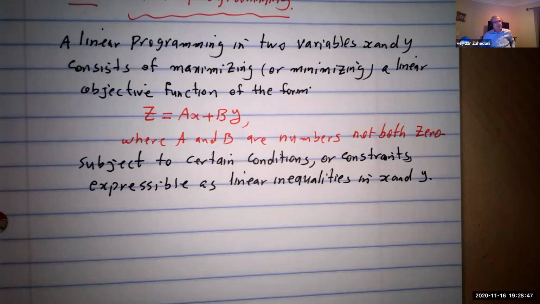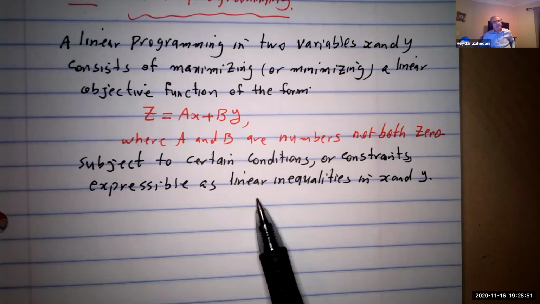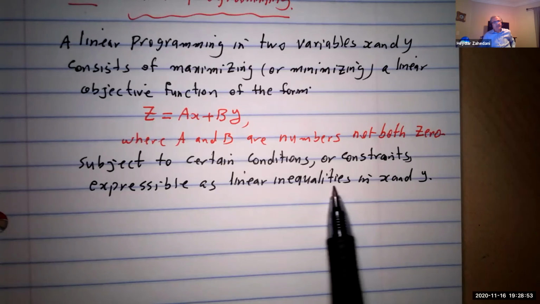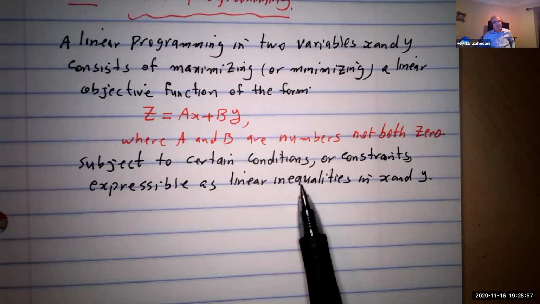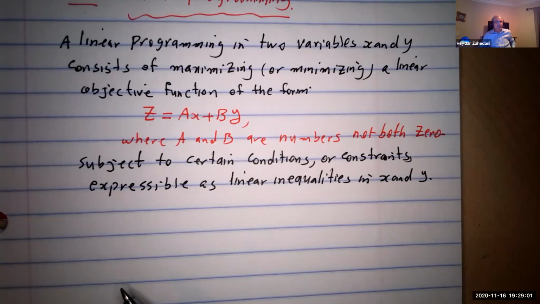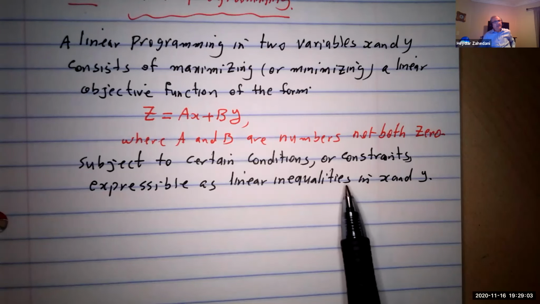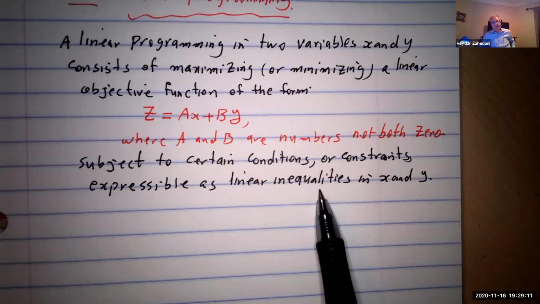Now, how are we going to do it? Those inequalities that are given to us, we are going to graph them, and we identify the region of the solutions. That region of solutions would have some corners or vertices, which are the intersections of the boundary lines and the solution region.